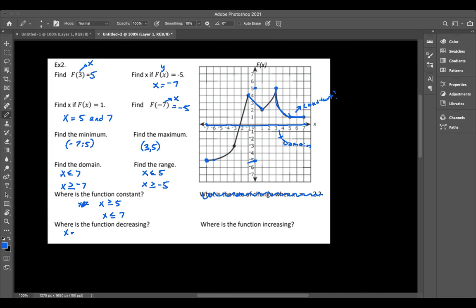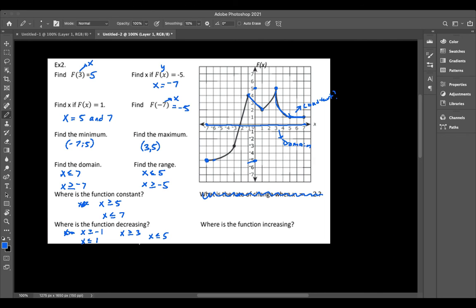So when x is greater than or equal to -1, and also less than or equal to 1, that's one spot. But the next spot is basically at 3 and 5. So then we could just say x is greater than 3, but also x is less than or equal to 5. And that'll be the information.